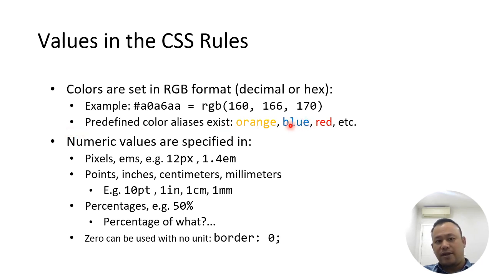Numeric values are specified in pixels, points, inches, centimeters, and millimeters. And percentages, for example 50% or 80%, but we need to clarify 50% of what. Zero is special and can be used with no unit, for example a border whose value is 0.